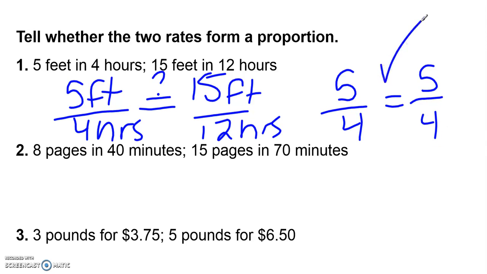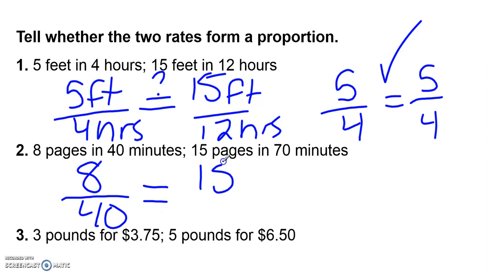So they are proportional. Now we have 8 pages in 40 minutes. Is that proportional to 15 pages in 70 minutes? 4 can go into 8 and 4 can go into 40, so that's going to be 2 over 10.